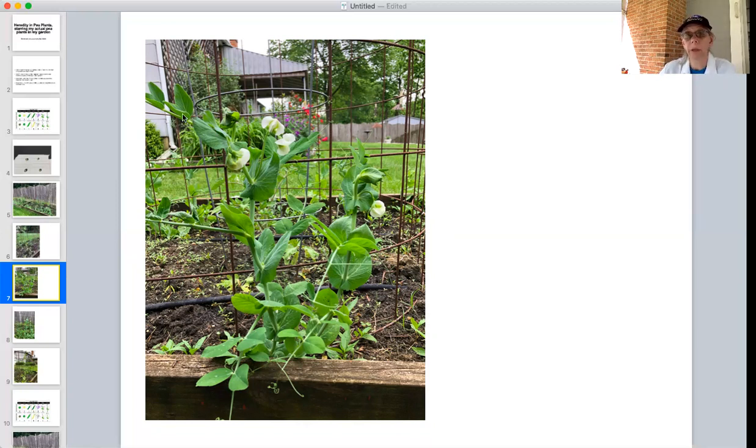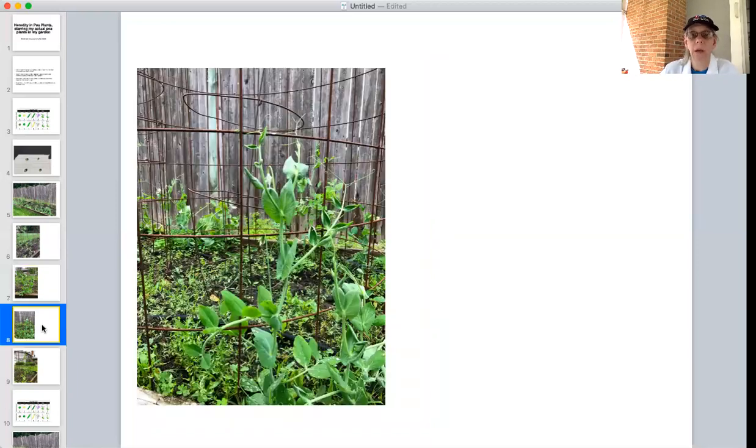All right, let's see. I'll pick another couple of plants. You make the determinations. 1, 2, 3. All right, have that one figured out?